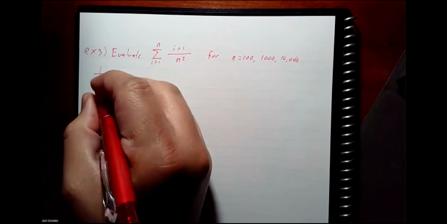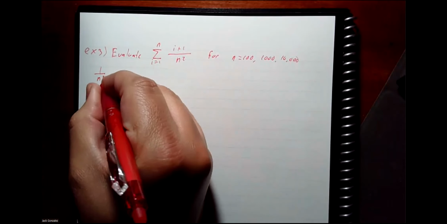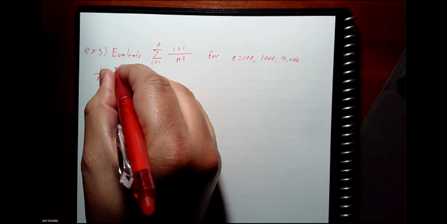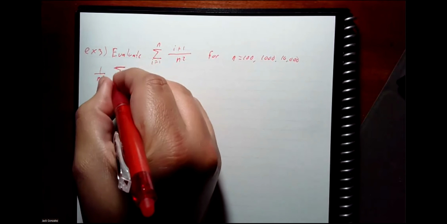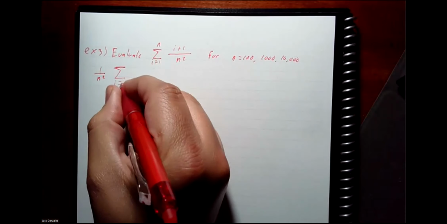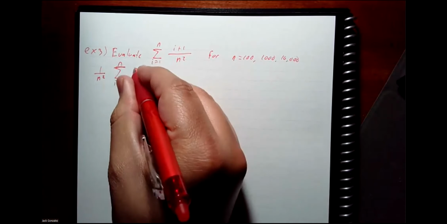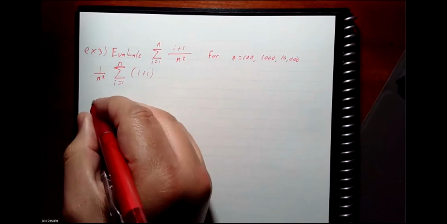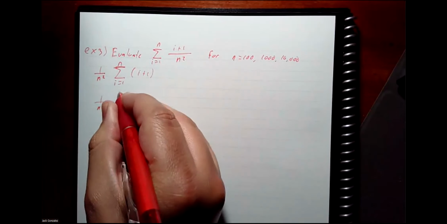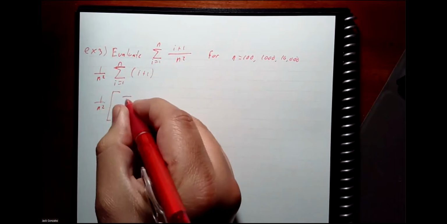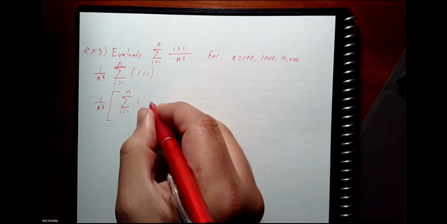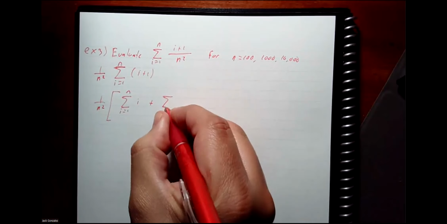So 1 over n squared times this sum right here, i plus 1. So what you can do is apply this sum to each piece. We're going to ignore this 1 over n squared. So apply the sum to the i and to the 1.